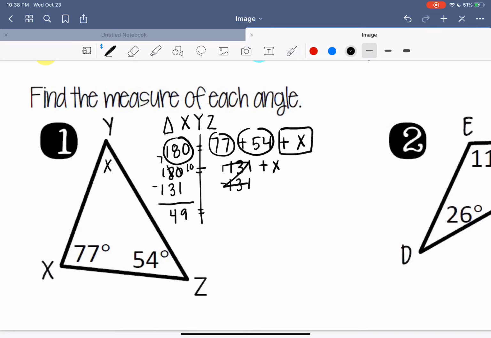And we are left only with a positive x. And since there's no coefficient, our final answer is here. So we know that this angle is 49 degrees.